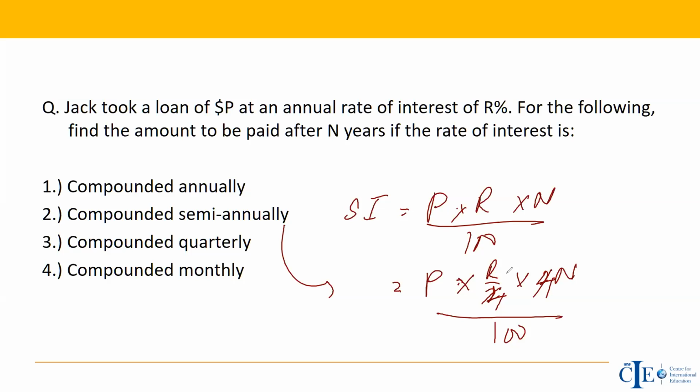So whether it is semi-annual, quarterly or monthly, the factors, the R by 4 and the 12, will get cancelled. Whatever the mode, the final sum is equal to what you paid for the entire year.